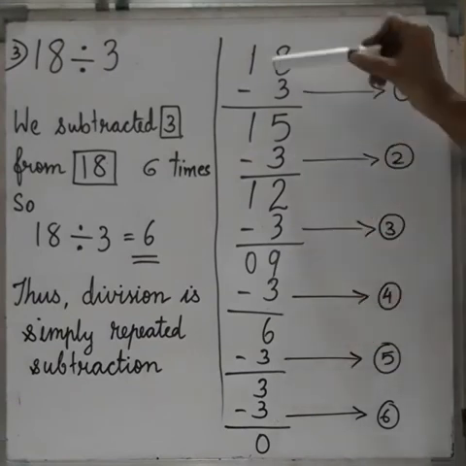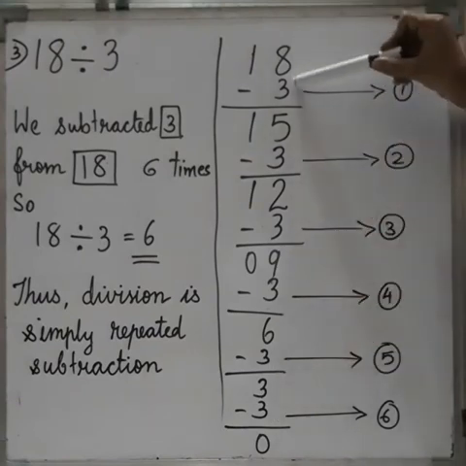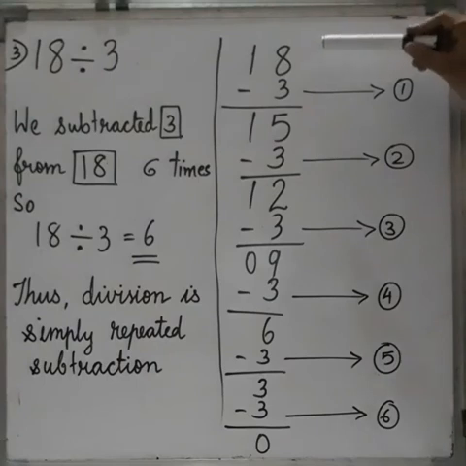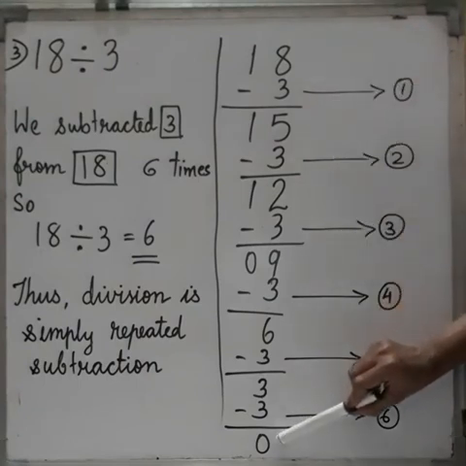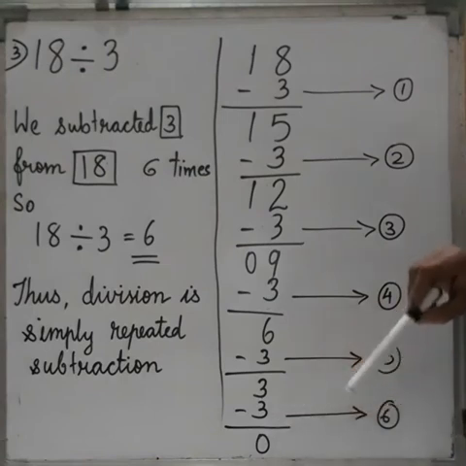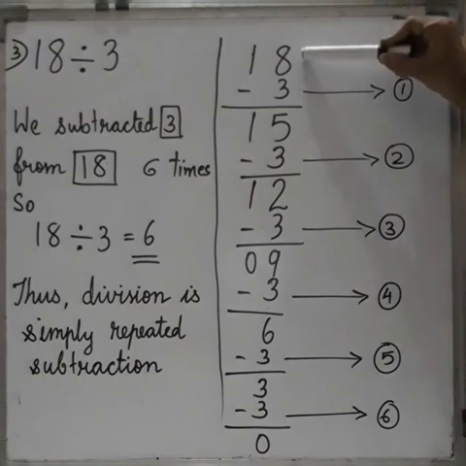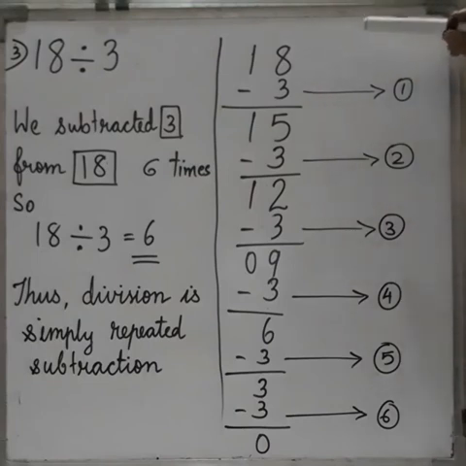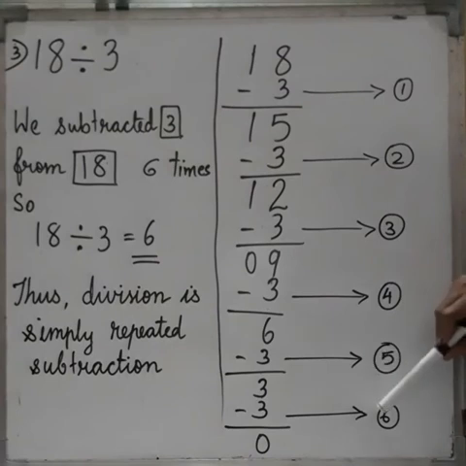Now, when we subtracted 3 from 18, 6 times, we got the answer 0 here. Finally, we got 0 here. That means in 18, there are 6 threes. 1, 2, 3, 4, 5, 6.